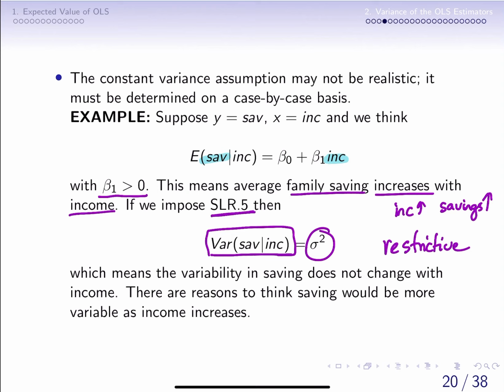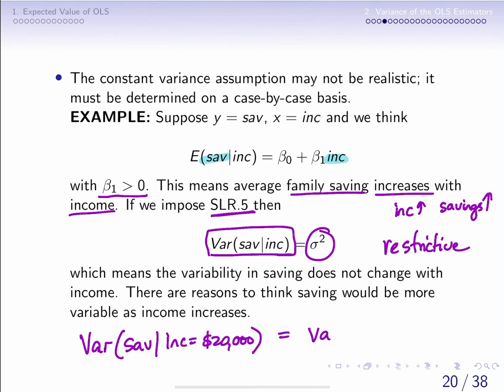So if we were thinking about the variance of saving for people with income equals $20,000, right, is that equal to the variance of savings for people who have income of 200,000, let's say? You might think, well, this does not look correct, right? This might actually be higher.